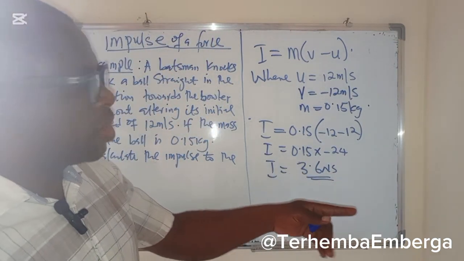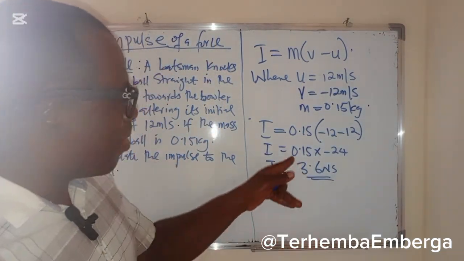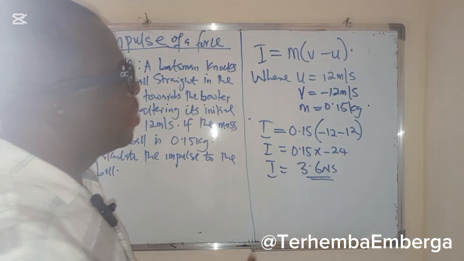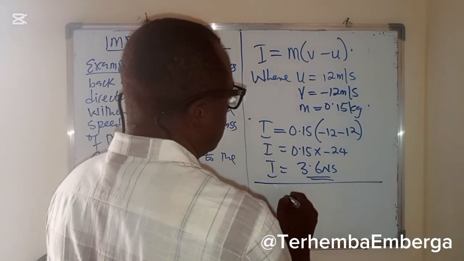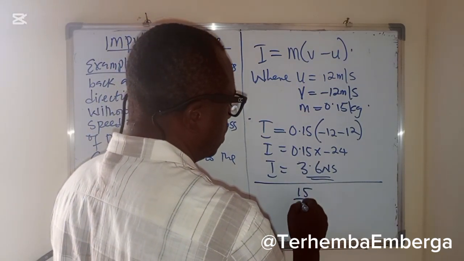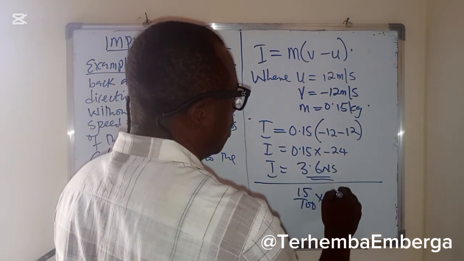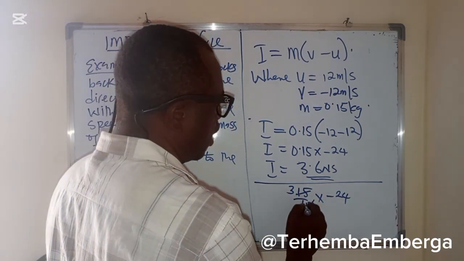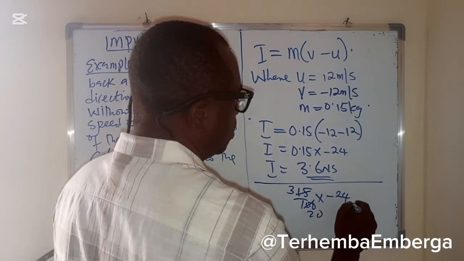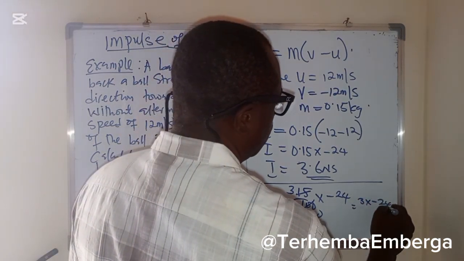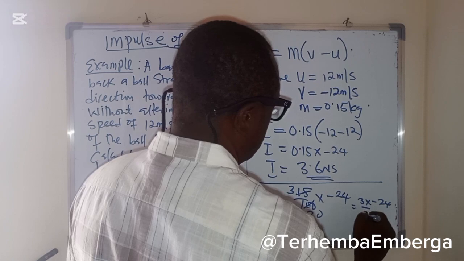One will ask, assuming you are in an exam where a calculator is not allowed, how do you navigate from here? We know that 0.15 is the same thing as 15 over 100 times minus 24. Now, 5 can go into 15 three times, and into 100 twenty times. So you have 3 times minus 24 all over 20.